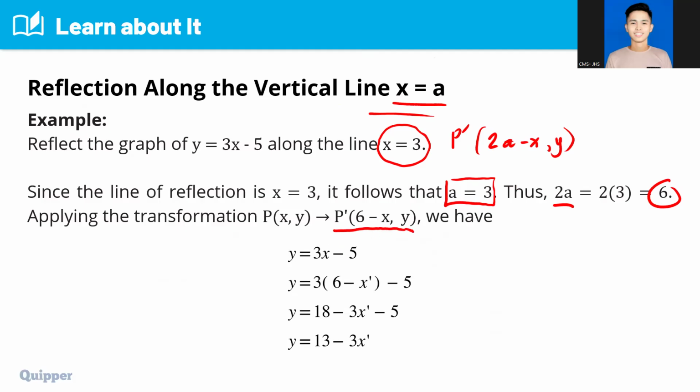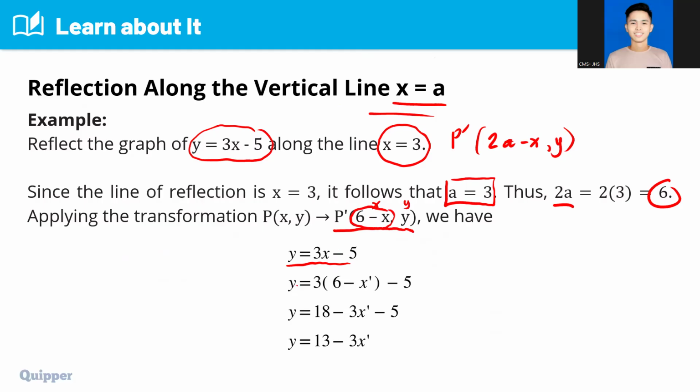Let's do this. The given equation is originally y = 3x - 5. The x coordinate is represented by 6 - x. So we just need to substitute 6 - x for the x in the given equation.